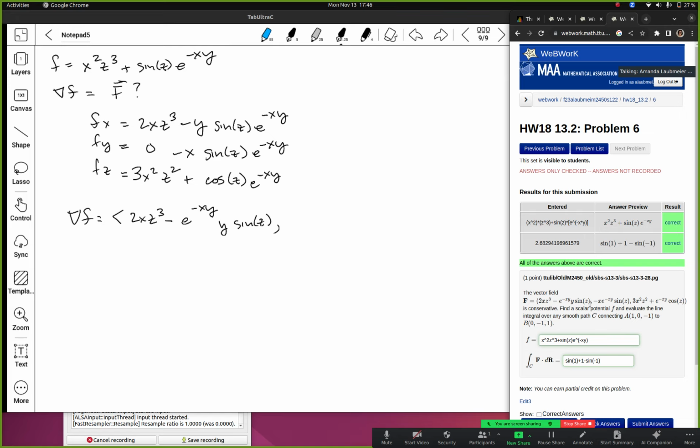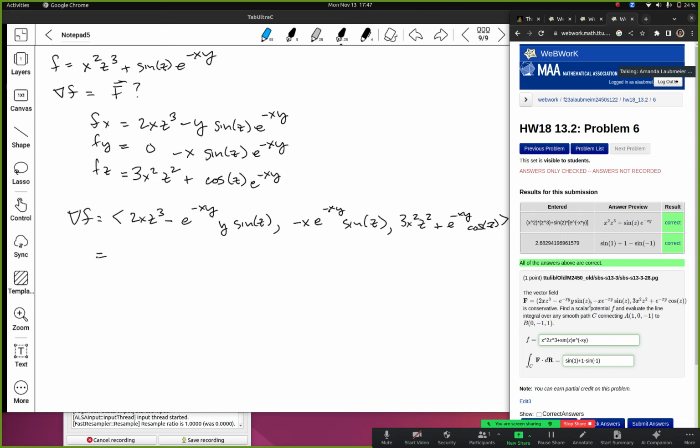And then I've got minus x e to the minus xy sine of z in my fy. And then I've got 3x squared z squared plus e to the minus xy cosine of z. Again, just swapping the order of where that exponent went.